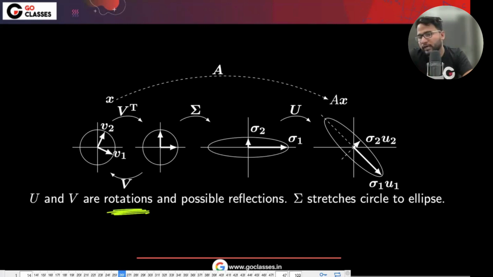Sigma won't rotate anything. Then how much this U is rotating? If they're rotating in the same direction, then add, otherwise subtract, right? I mean, this is just one idea, but we will see the rotation matrices and these things later on. Is this idea clear? First find out how much V transpose is rotating, and then how much U is rotating. If they're rotating in the same direction, then maybe add, otherwise subtract, and so on. We will see rotation matrices in the future.